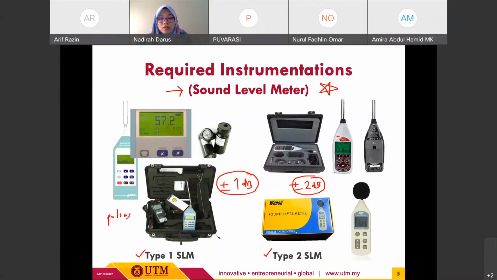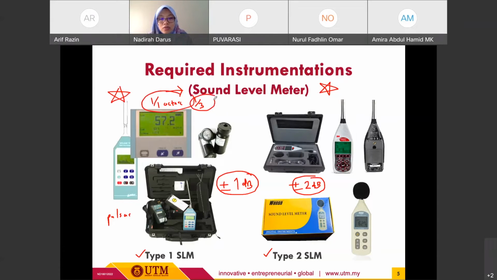Ataupun selalunya kita refer dia sebagai 1/3 octave band. So dekat alat ni, sound level meter type 1 ni, dia able to measure in terms of both sound level and also frequency mode. Frequency dia ada dua lah, as I mentioned, 1 octave and 1/3 octave. Okay, so 1 octave and also 1/3. So nanti once saya dah share all the notes, boleh refer balik lah sebenarnya apa this octave ni refers to.